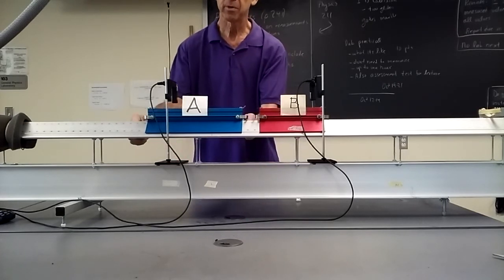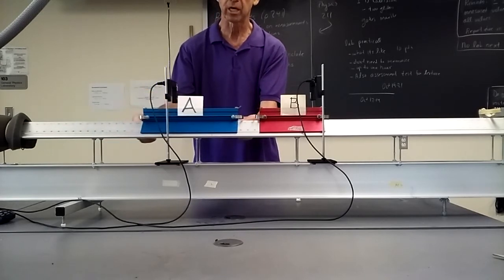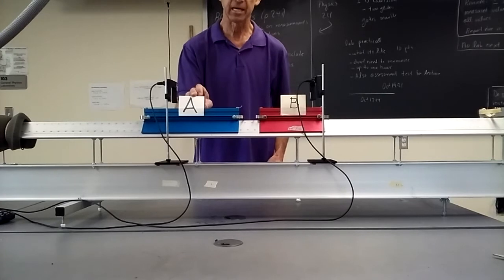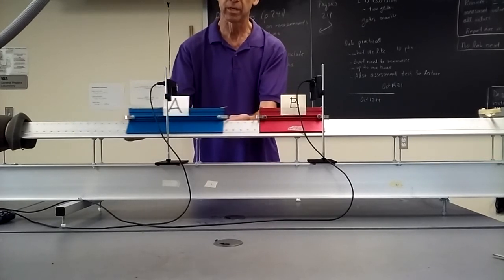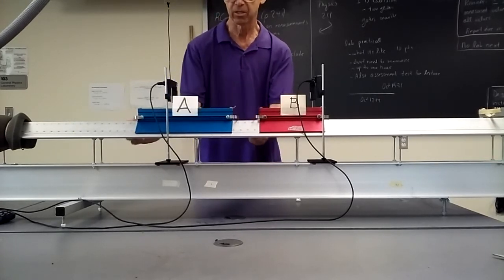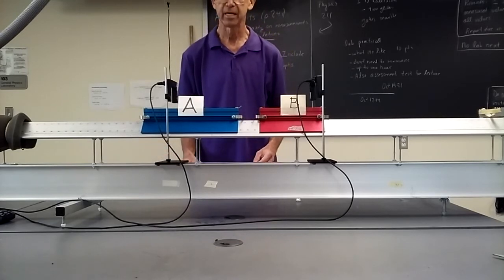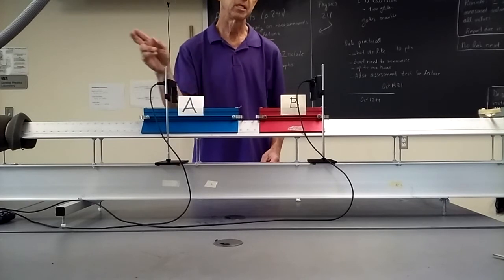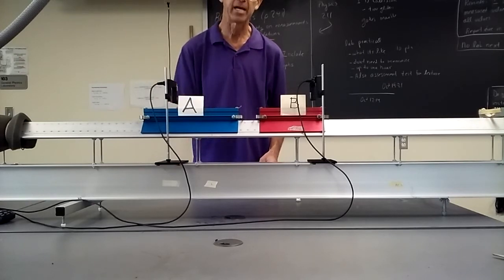So that's got to happen. You've got to have a clean sweep all the way through the gate. Not necessarily the glider, but the flag anyway has got to go all the way through the gate before it ever hits the red glider. That way we know that it moved this distance in the amount of time the computer tells us, and we can find initial momentum pretty accurately then.